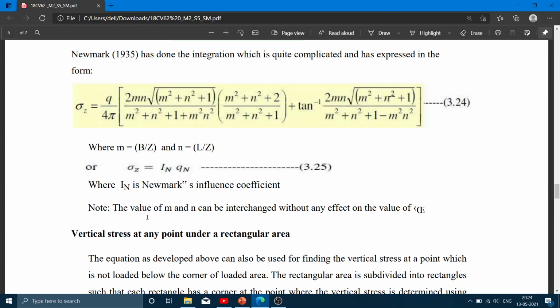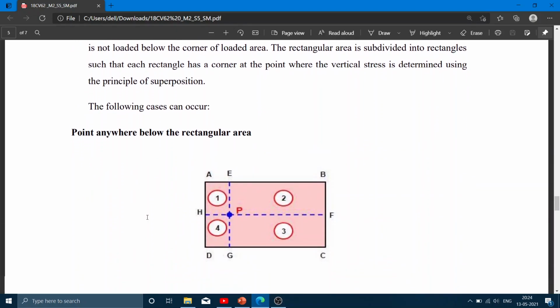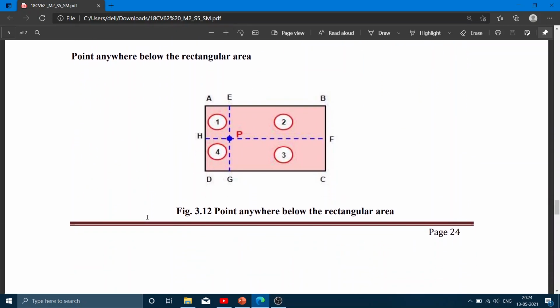So next, vertical stresses at any point under a rectangular area. The equation as developed above can also be used for finding the vertical stresses at a point which is not below the corner of the loaded area.